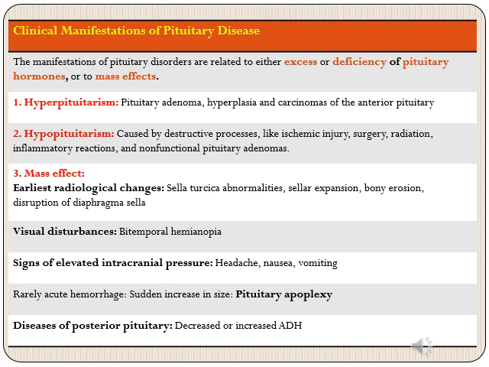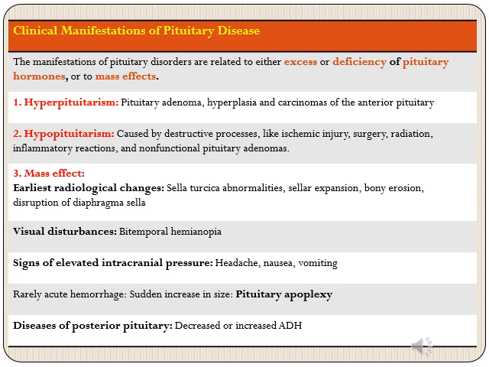Then finally, we can have mass effect. Mass effect is when the contents or the size of pituitary gland goes on increasing and it starts affecting or compressing the surrounding tissues which are in relation to the pituitary, and then it starts producing symptoms related to those tissues or organs.